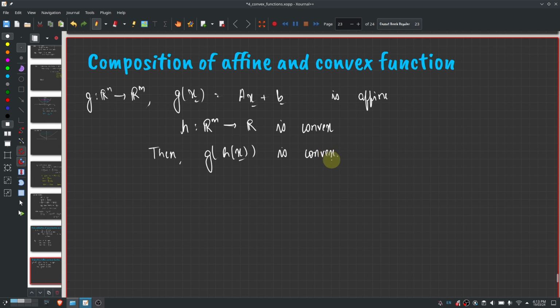Why is this true? I'm sorry, I should say H of G of x. This is a convex function.